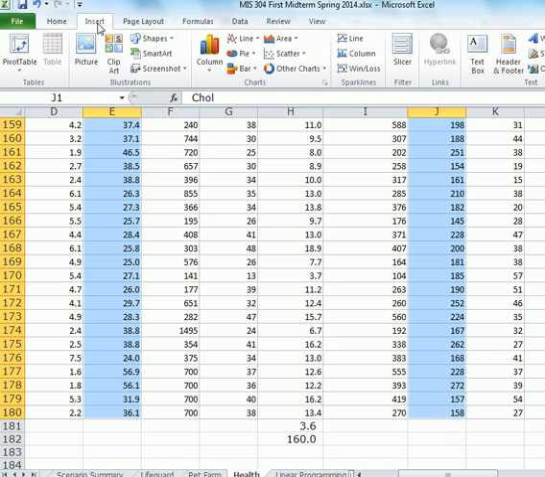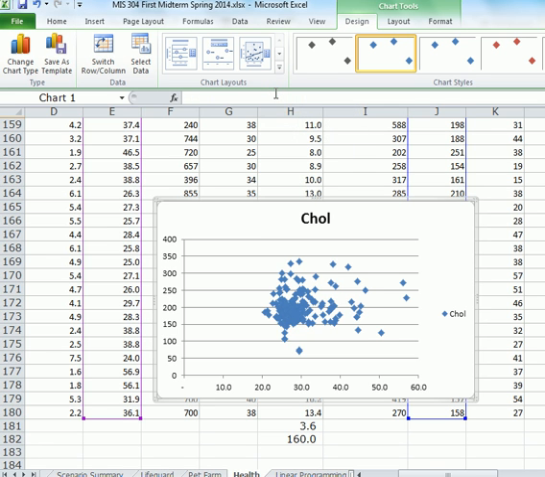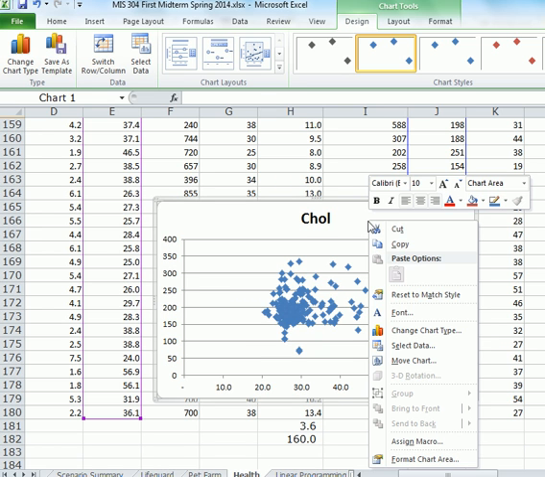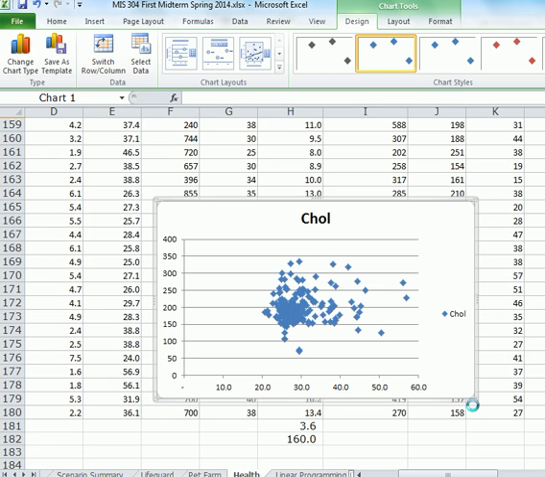And go and insert a scatter chart. And it is the first option. And I have my chart right there. And I need to move it, so I'm going to highlight the chart. And I say move chart into a new sheet. And I can keep it Chart 1.